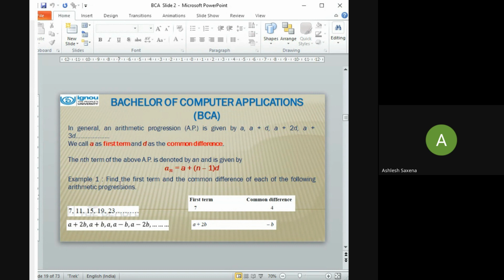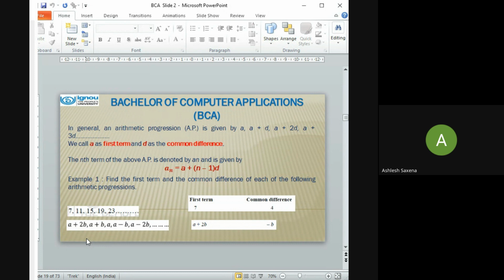No, that's fine. I'm talking about this part now. What is the first term over here? a plus 2b. What is the common difference? b. How is that possible? It's wrong.